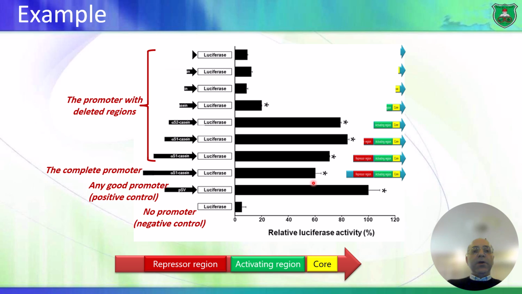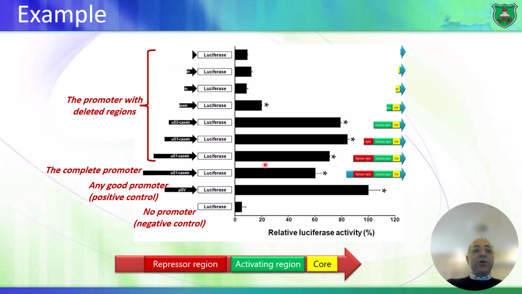Then what I start to do is I start removing pieces of DNA, pieces of the promoter region. So I start removing the repressor region. So what do you think would happen? If I remove the repressor region, I should see an increase in expression because now there are no repressors that can bind to the promoter and inhibit the expression of the luciferase gene.